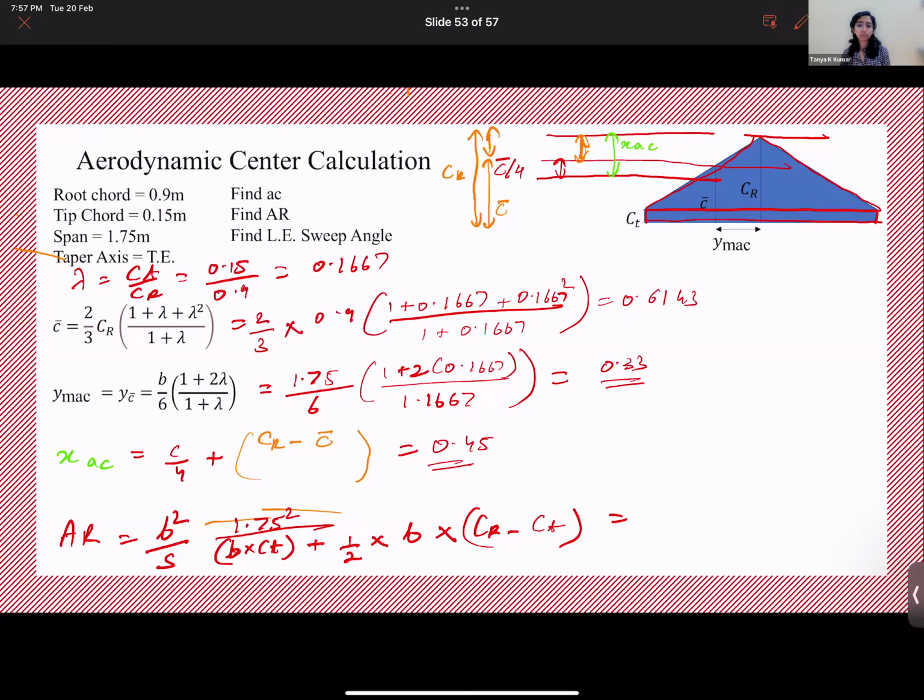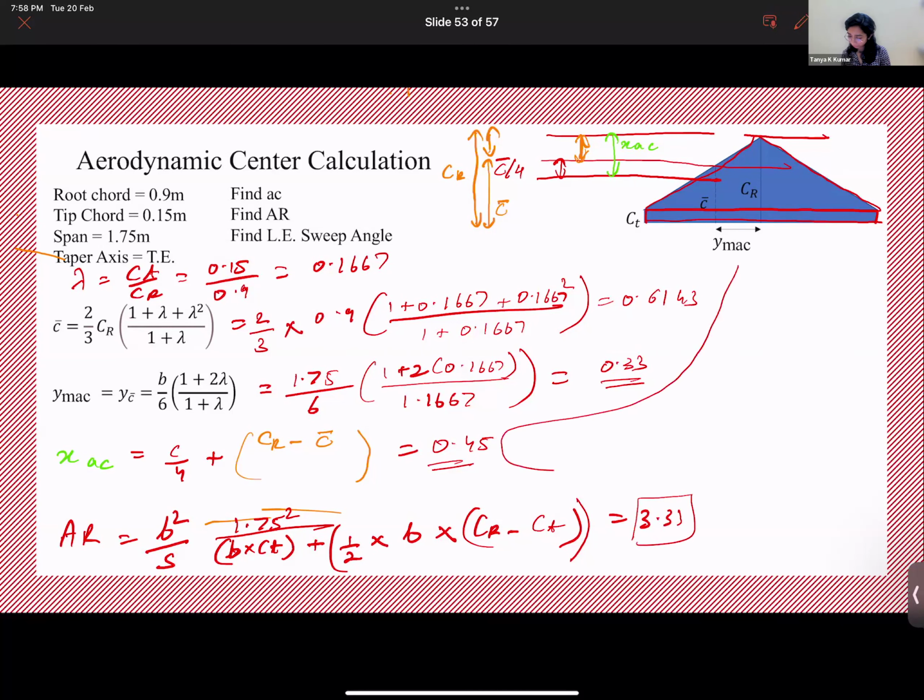What is the value of aspect ratio? Just substitute the values and tell me. Is it 7.7? Try doing it again. 3.33, correct. So this is the right answer, 3.33.